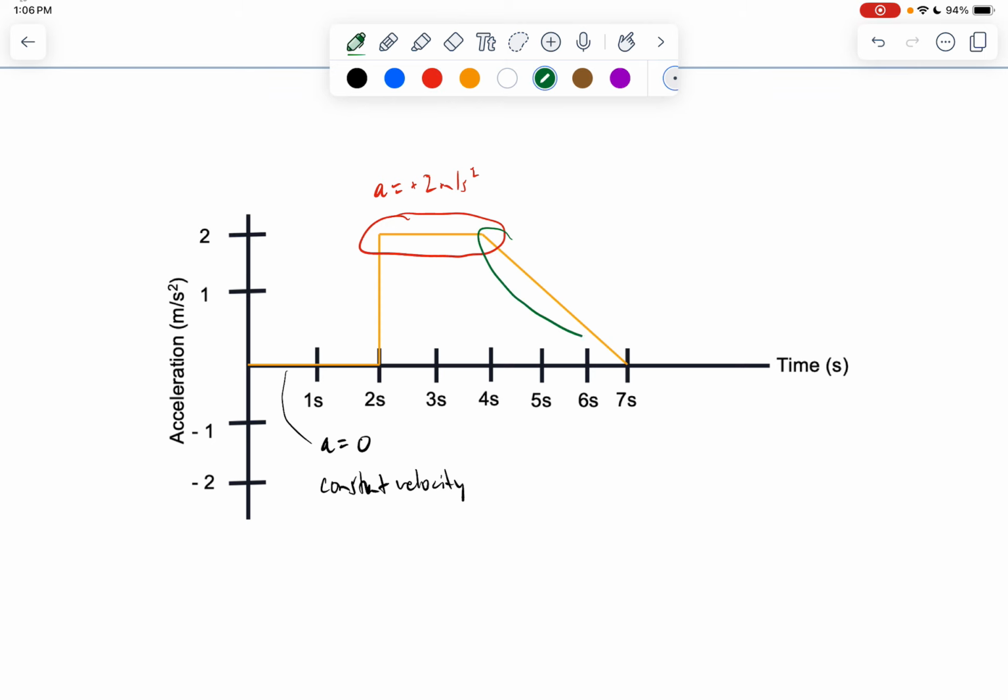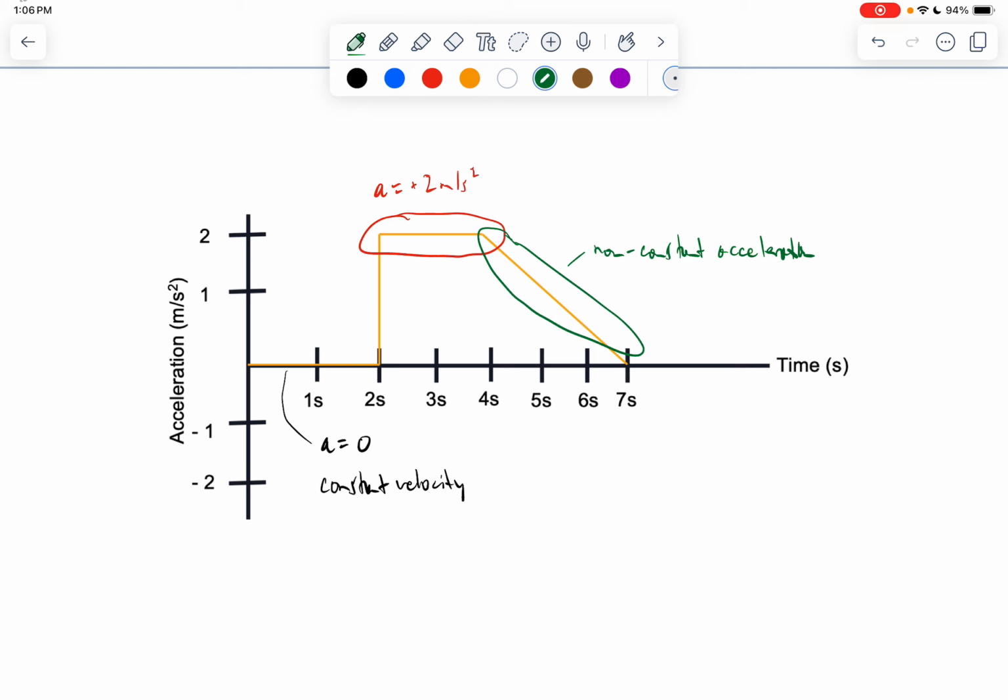In our last region here, we have some sort of non-constant acceleration. Over this interval, acceleration is decreasing from 2 meters per second squared down to 0.